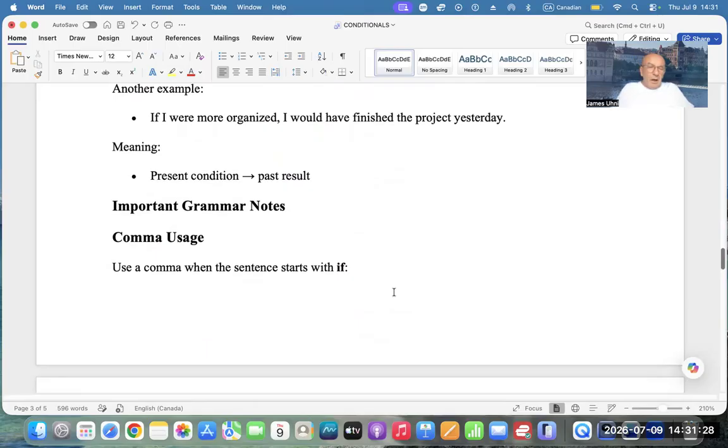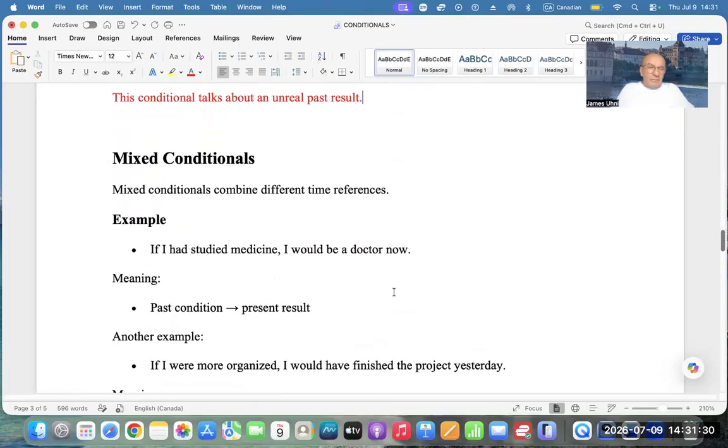We have mixed conditionals. I don't think you will study them, but I will leave them here and just talk about them. Mixed conditionals combine different time references. Example, if I had studied medicine, I would be a doctor now.